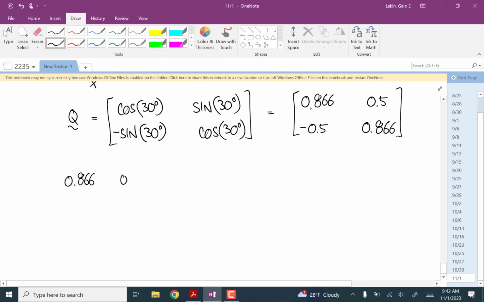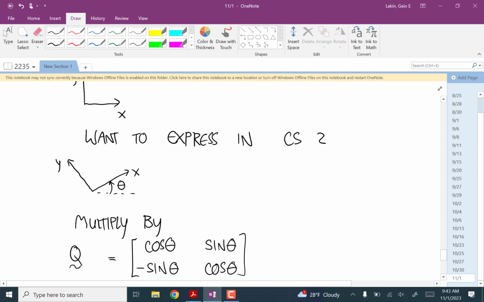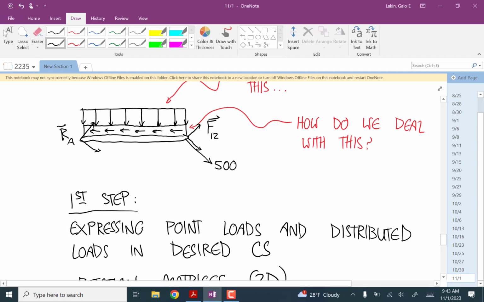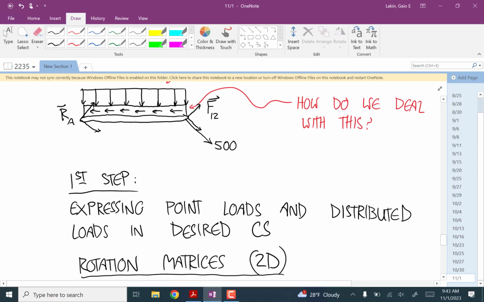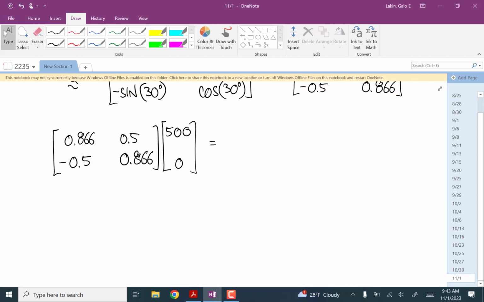0.866, 0.5, negative 0.5, 0.866 times the vector 500, 0. And that's going to give us this 500 Newton vector in our new coordinate system. Okay, so how do you do that to multiply matrices?